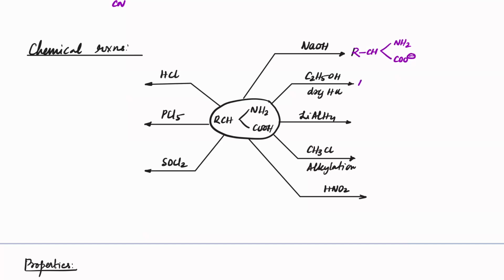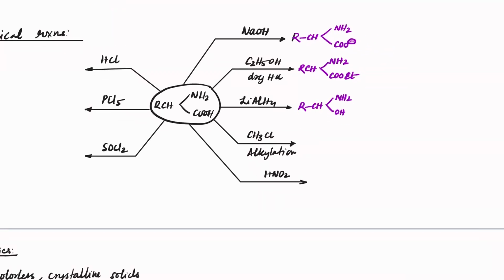Similarly, if we react this with dry HCl and ethanol, it will give you NH2 and COO ethyl, ester formation. Lithium aluminum hydride will reduce this part, forming NH2 and CH2OH.